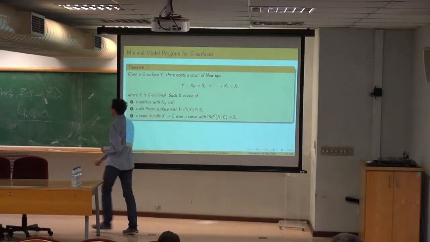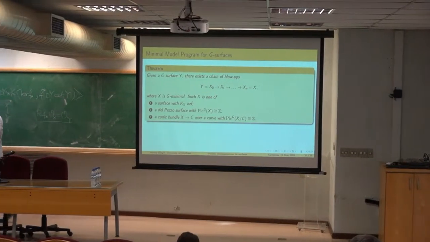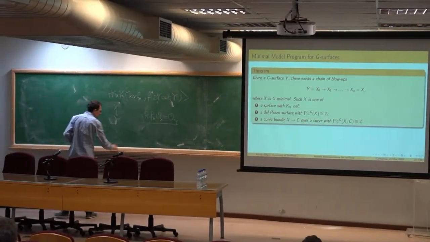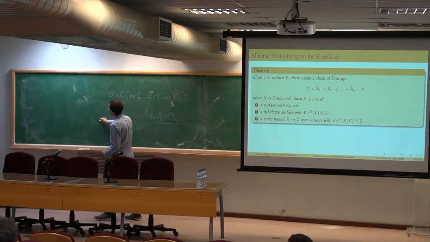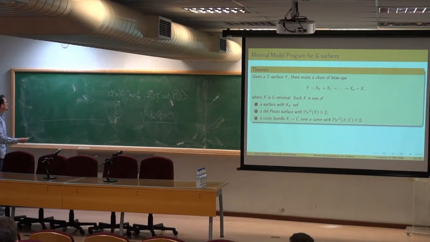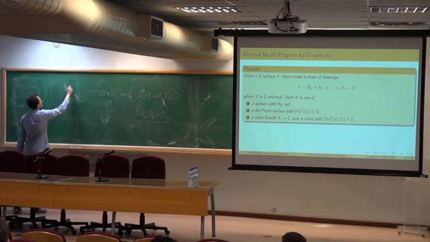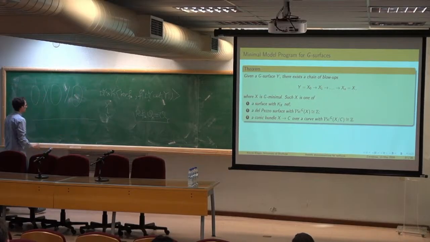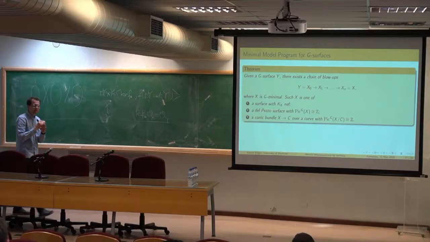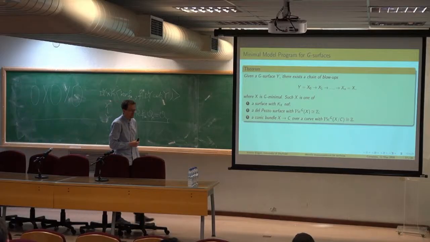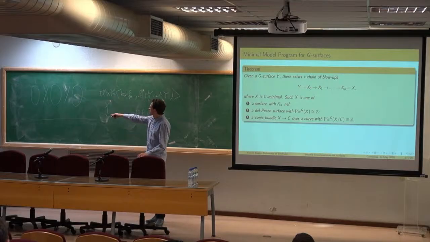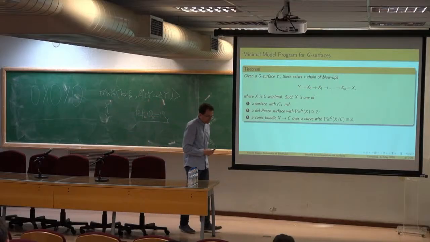A conic bundle in the G-invariant setting may look like this. And this is relatively minimal if the group permutes the two components of a reducible fiber for any reducible fiber. Then you cannot equivariantly contract it over the curve.